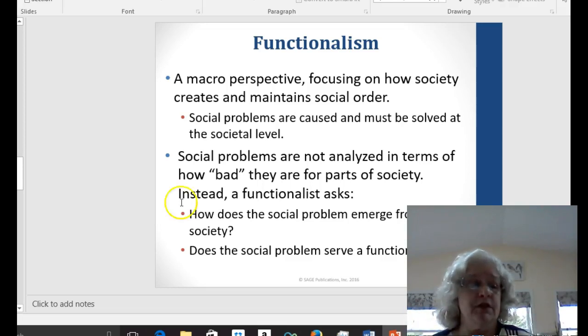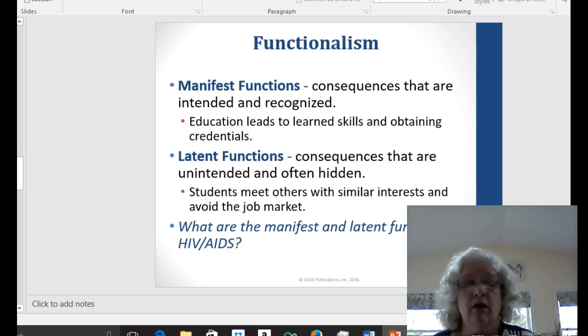Now, there are often functions of societies that come into place. Let's look at education. Why do we have public education? We're going to talk about that in the education chapter, but it comes into place when the work environment changed, when we could no longer have 7 and 8-year-olds working because there were labor laws. What were we going to do with those children?